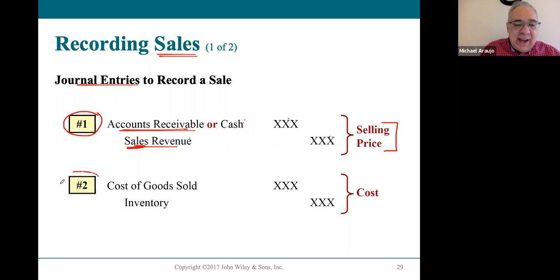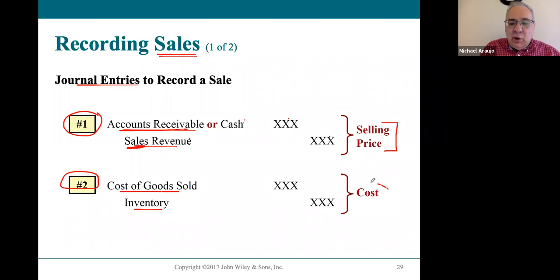The second thing they have to do is record the fact that they just sold some of their inventory to the customer. Like I said, PW Audio just sold a circuit board and circuits to Sock Stereo. So they have to record two things: the cost of goods sold, and they have to take it out of their inventory.